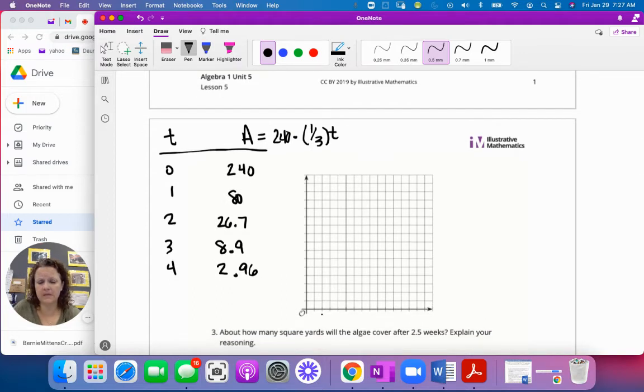So our time, we're going to say 0, 1, 2, 3, 4. We're going from 240, 50. That's going to be too small. 1, 2, 3, 4, 5, 6, 7, 8.